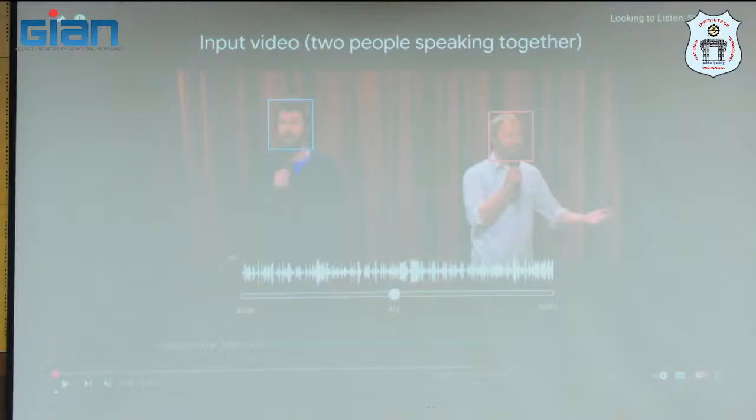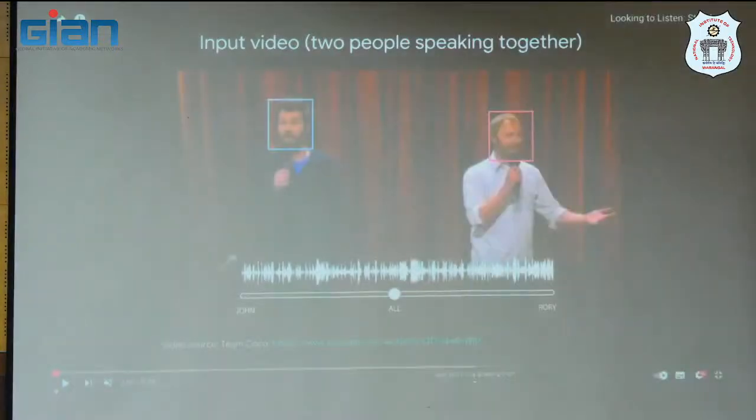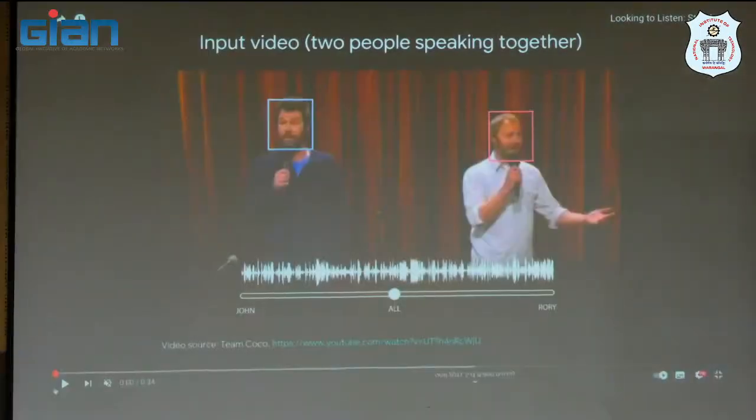Okay, so I'll show you a few examples, like here. Note that even though each one of them holds his own microphone, we don't use the signals in their microphones.